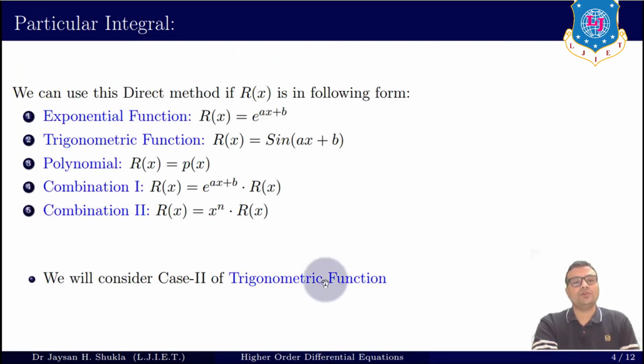It can be one of the following forms. It can be exponential function, which is already discussed in my previous video. It can be sine or cos, which I am going to discuss in this talk. It can be polynomial. It can be exponential into random function. It can be power function, x raised to any power, into r x. All these are going to be discussed in my upcoming videos. So let us focus on trigonometric functions, in particular sine and cos.